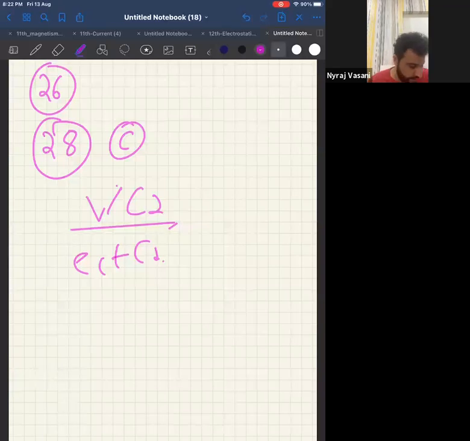Veras, correct. Akshat, correct. Siddhant, correct. Rudra, correct. Now Aniket, correct. Others, try. You take all options of 1 microfarad, see for each option what answer you get. One answer you will get is 1.5.